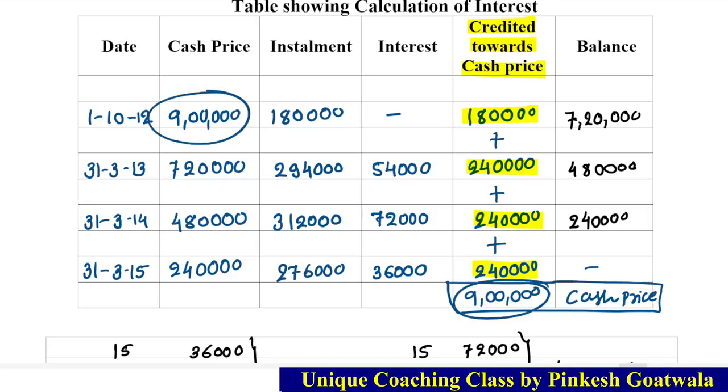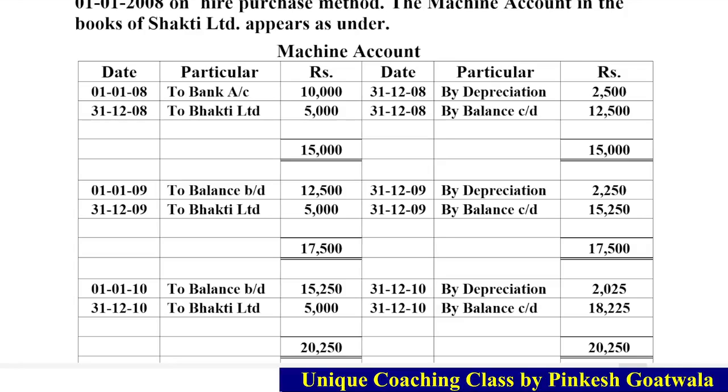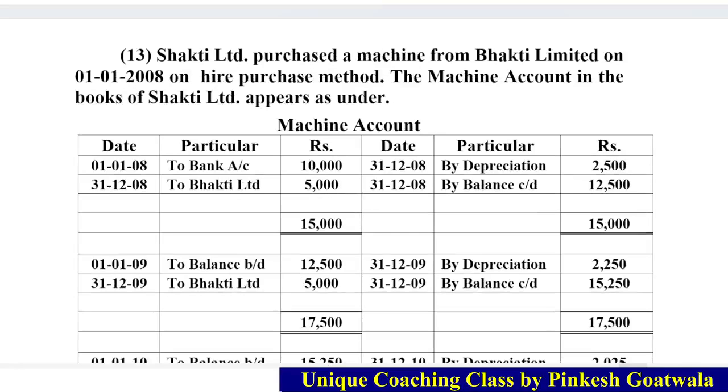The total of these, indirectly our net payment column, is always equal to the cash price. Remember this point. Why did I tell you? Because we are going to solve the next sum, and in that sum it will be useful. So let's solve sum number 13 in this chapter.